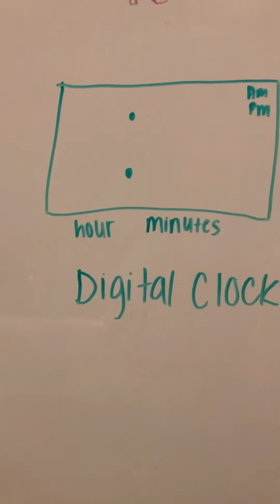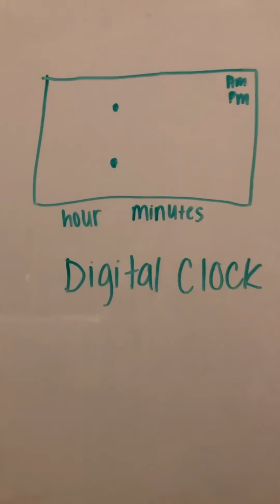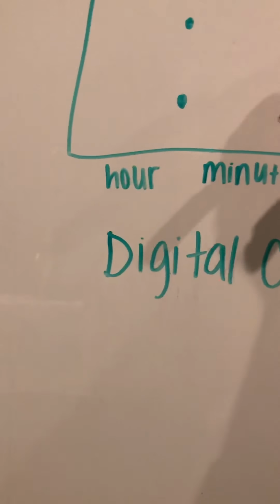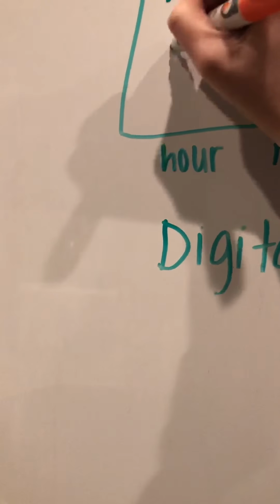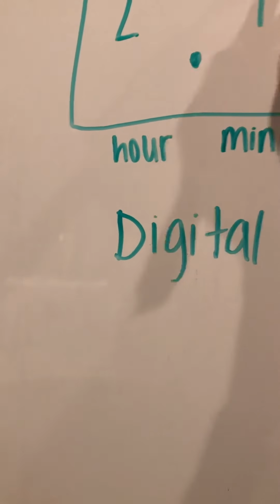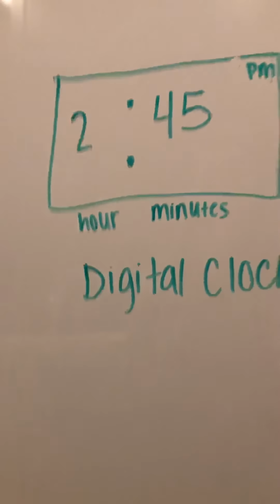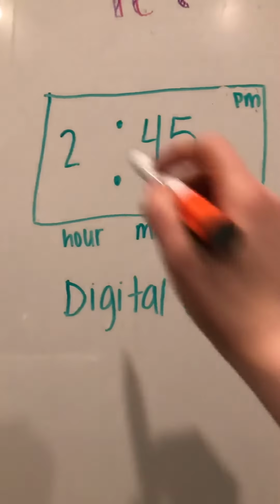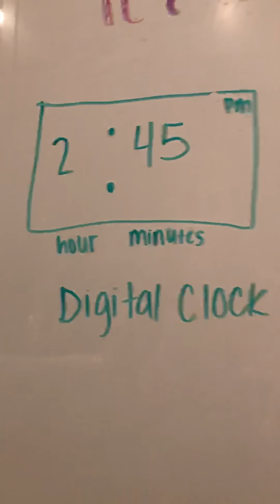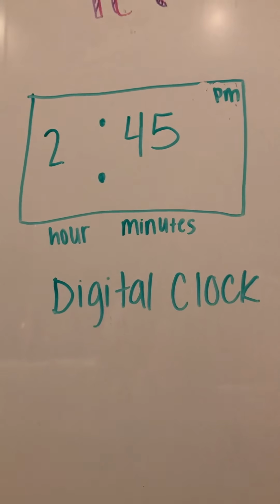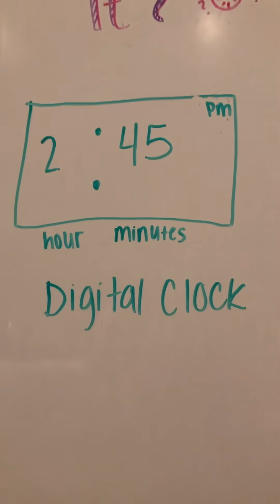So you know if it's in the morning or if it's in the afternoon. If I write that on our clock, this reads 2:45 p.m. So PM means that it's in the afternoon. It's 2:45 in the afternoon.